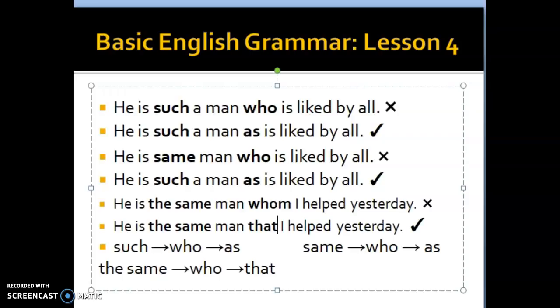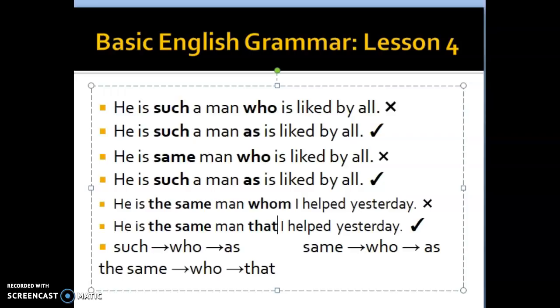I have repeated these rules at the end of the page. Such is followed by WH and then WH is replaced by as. Another rule is same is followed by a WH word and the WH word is replaced by as. And when the same appears in the sentence, same and the same are different things.